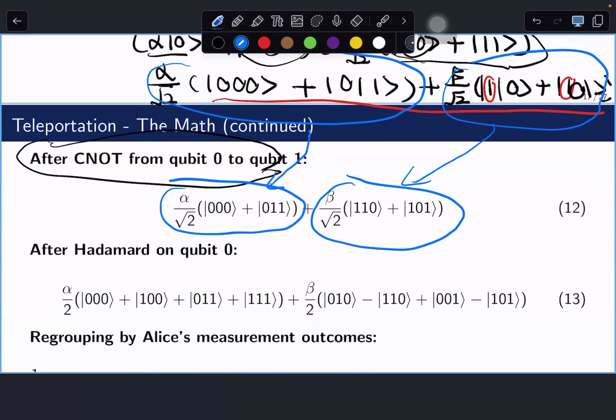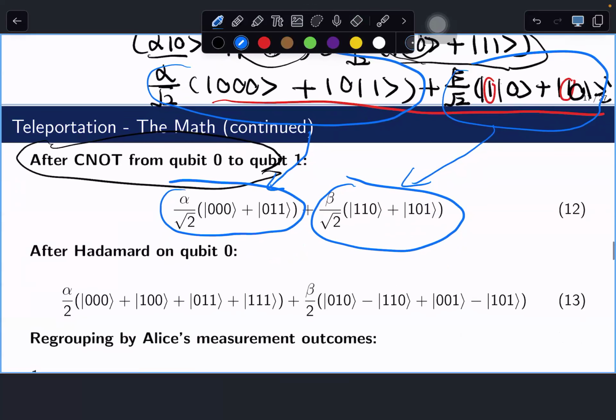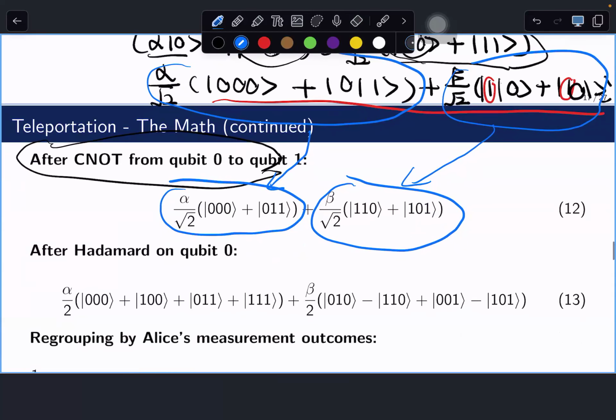After CNOT, the remaining part of the entanglement here is the Hadamard gate. And remember that the Hadamard gate is also applied on qubit 0. So just a little recap, if we have Hadamard on |0>, it will actually create 1 over square root of 2 times |0> plus |1>, with equal probability.